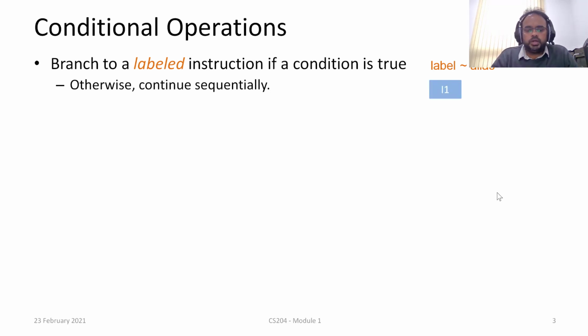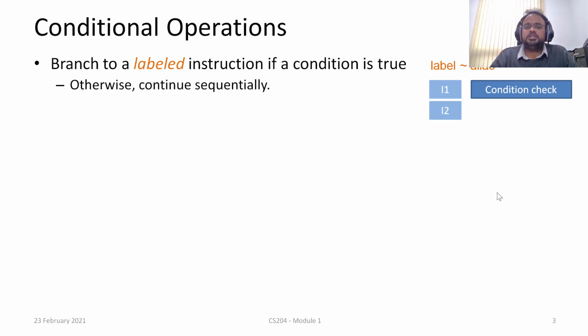So just to give you a more relatable example, let's say we have an instruction with label I1. This is the actual instruction which is making the condition check and will help us to pick one of the two paths.